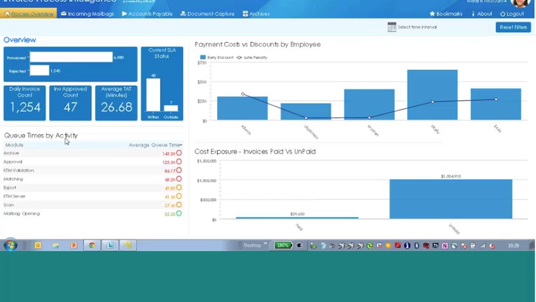Where it gets quite interesting is this one down here. So if we imagine that our invoice process is made up of lots and lots of different steps, a full invoice process can go in all sorts of different directions. But what we actually have here is the ability to monitor and track how long it's taking to go through each of these activities.